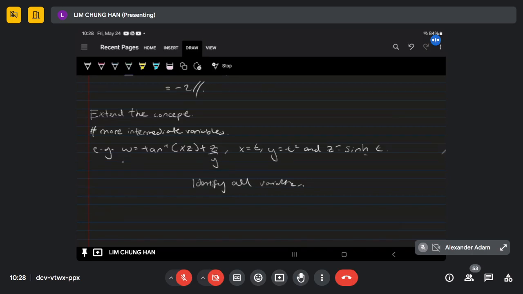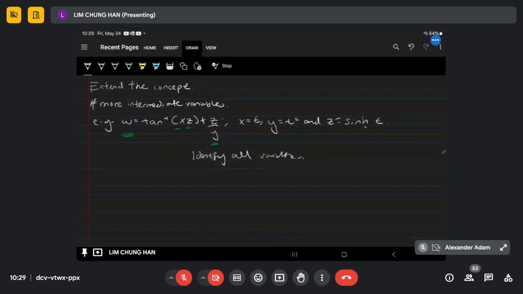The main function is w. This w is linked to 3 independent variables now: x, y, and z.